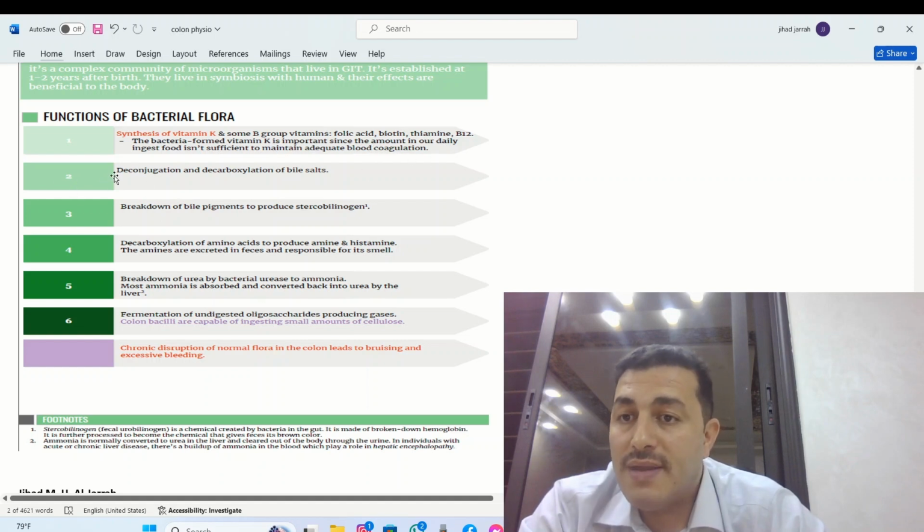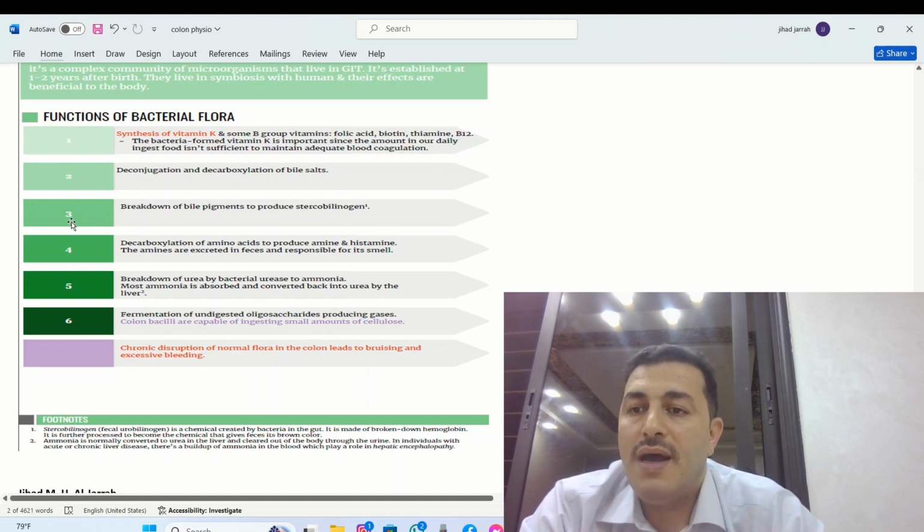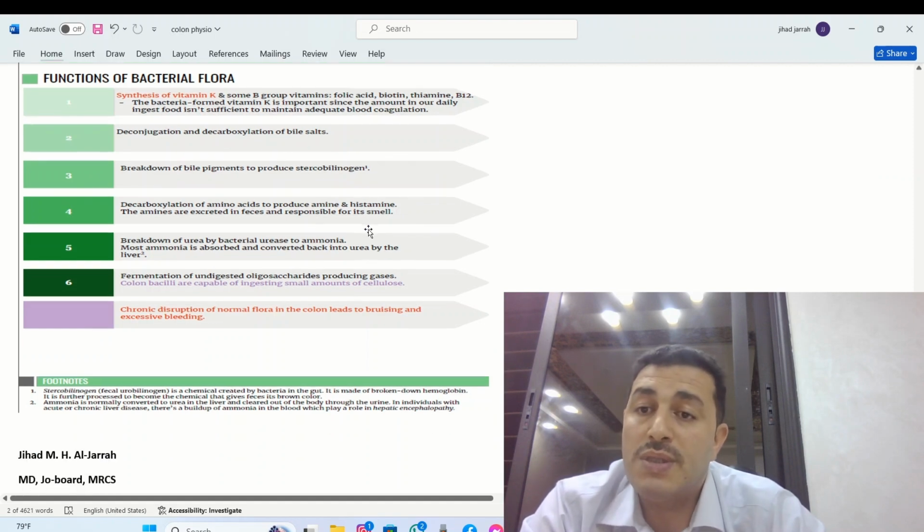The second function is deconjugation and decarboxylation of bile salts. Third, breakdown of bile pigment to produce stercobilinogen, which is responsible for the color of the stool. Decarboxylation of amino acids produces amines and histamine.